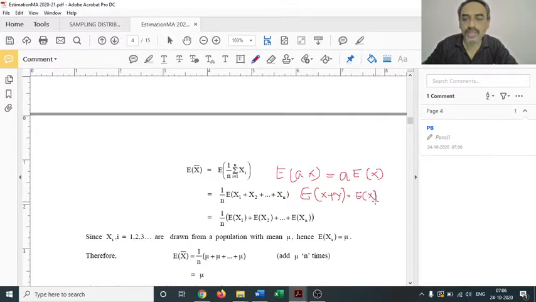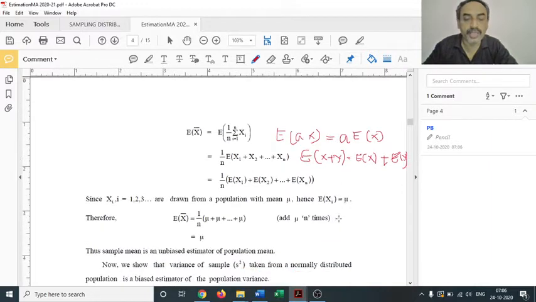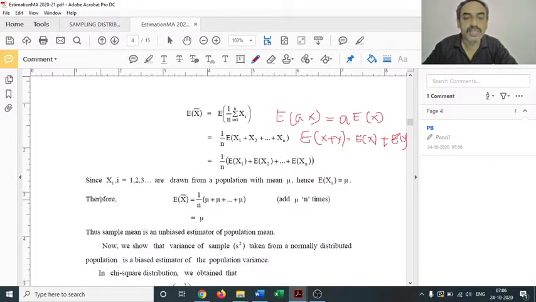Next we consider each of these E of x1, E of x2, etc., E of xn. But note that all these x1, x2, etc., xn are drawn from the same population. It's a sample drawn from a population with mean mu and variance sigma square.